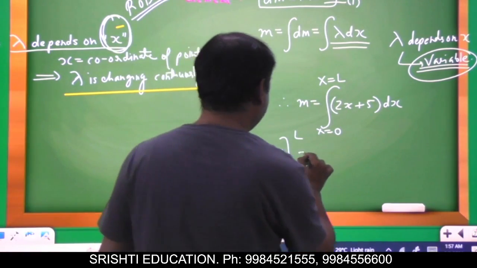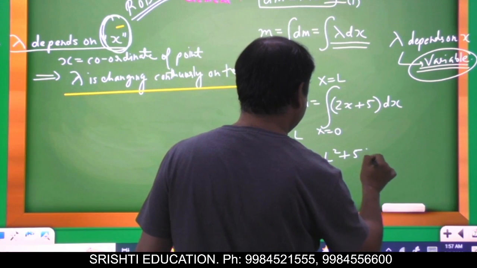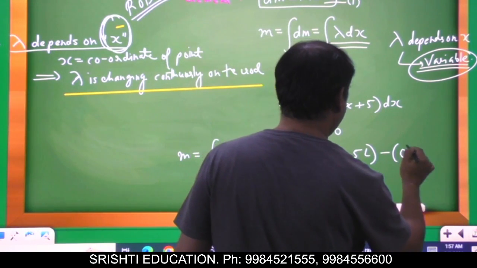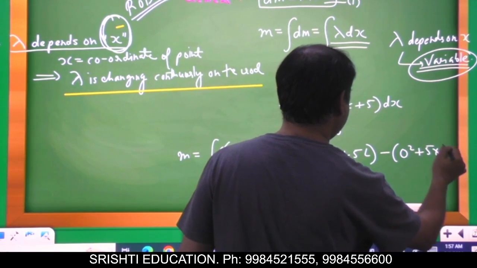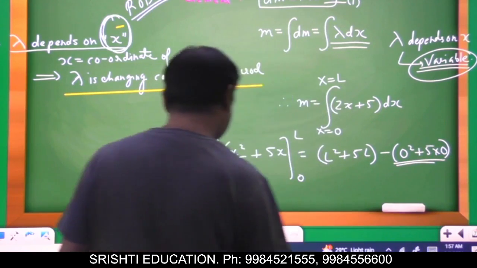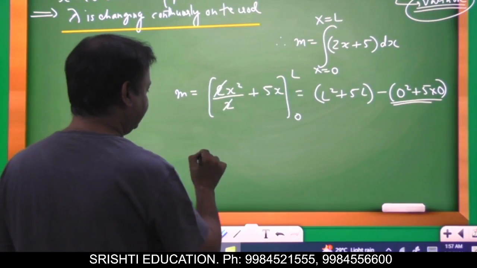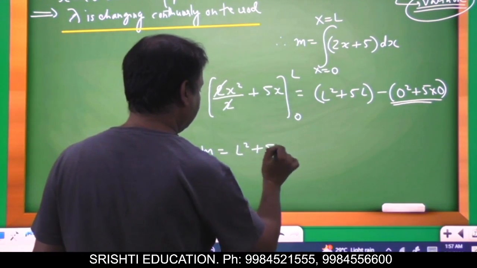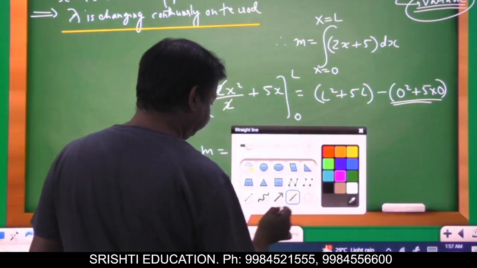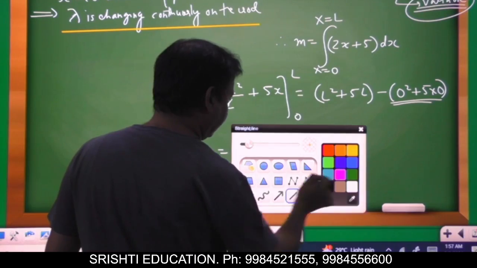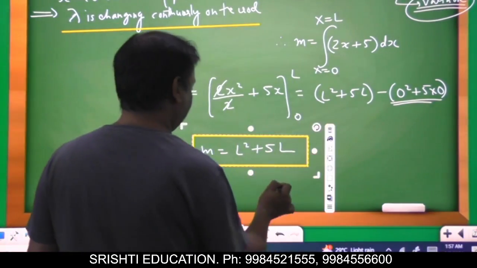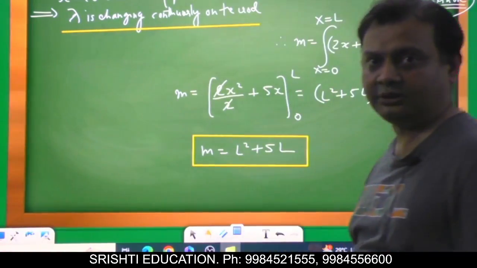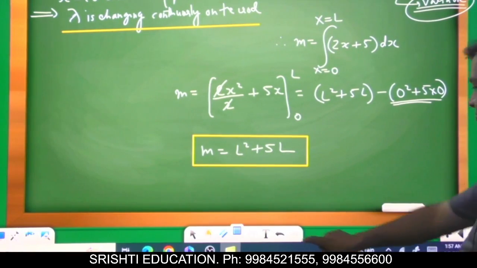Now put the limit, you will get L square plus 5L minus 0 square plus 5 times 0. So the second term will be 0, and you will get the answer as the mass will come to be L square plus 5L. This will be your final answer, the total mass of the rod.